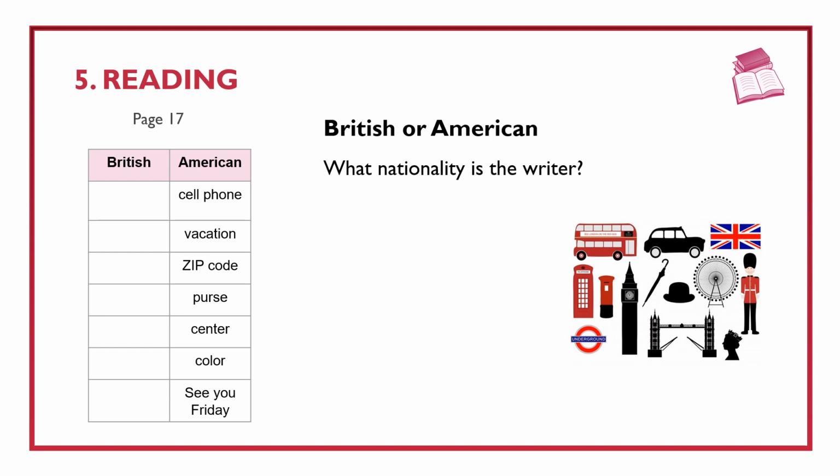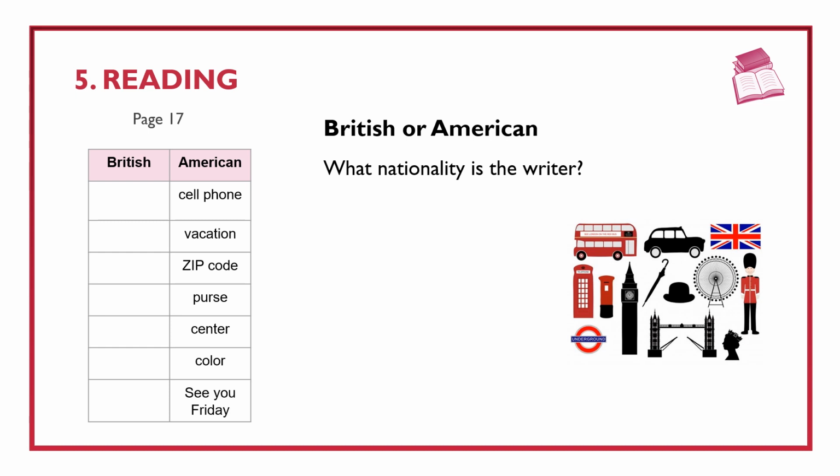Okay, now are you ready for a small post-reading task? First of all, I want you to tell me what nationality is the writer. What do you think? So I would say the writer is American because if you look at the first paragraph, he starts the paragraph like this. He says, some words are different in British English.